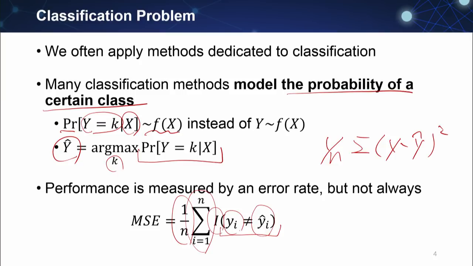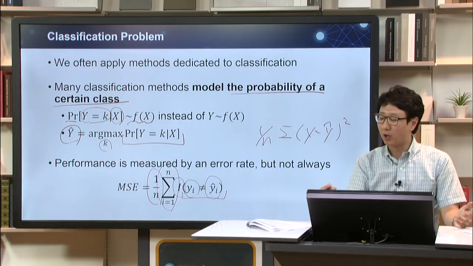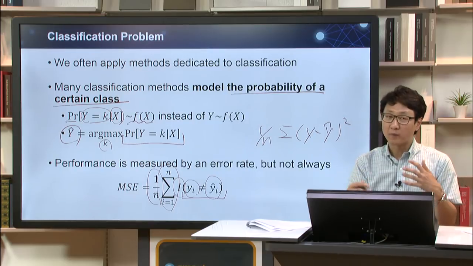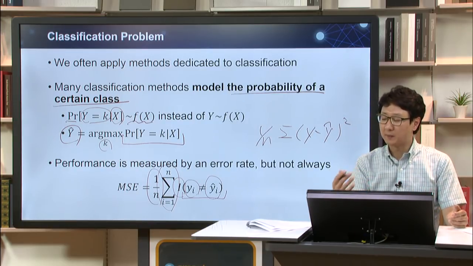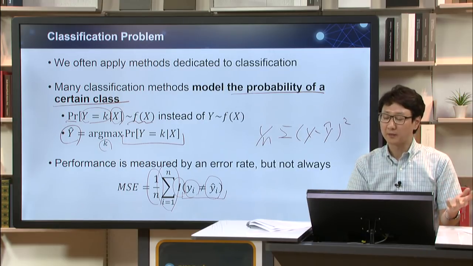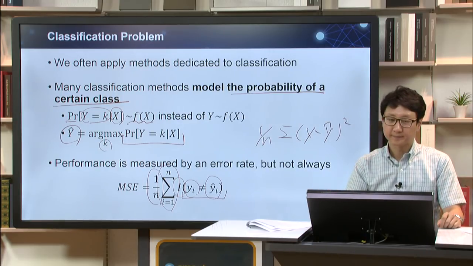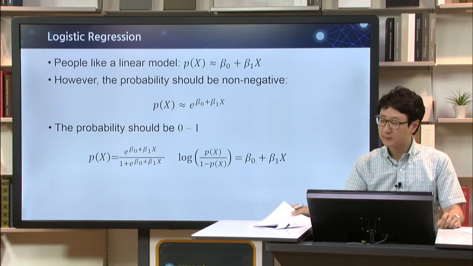Even though the error is calculated by an error rate, this error rate is not always used as the performance measure. There are more performance measures such as the specificity, false positive rate, and many others.